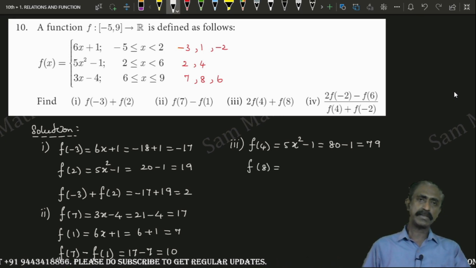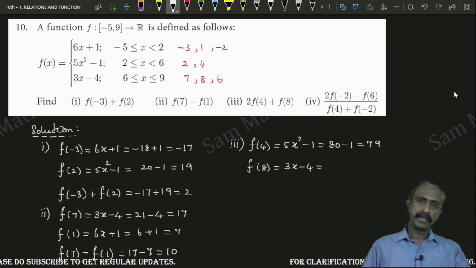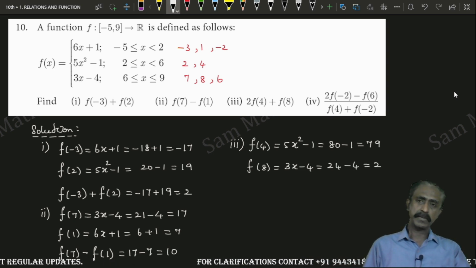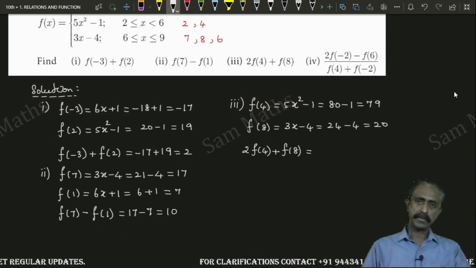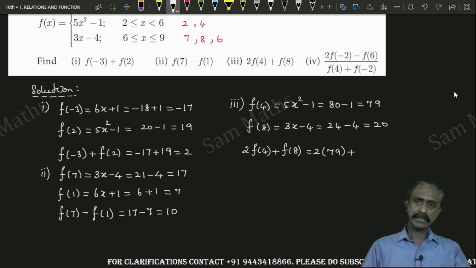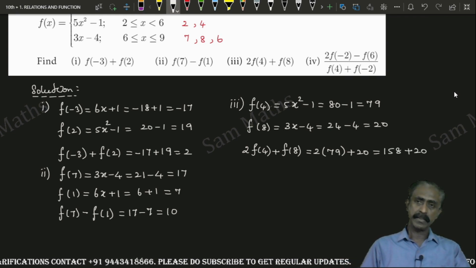It's in the last interval, that is 3x minus 4 is the function. 3 eights are 24 minus 4 equal to 20. Now we need 2 times of f of 4 plus f of 8. This is equal to 2 times of 79 plus 20, which is equal to 158 plus 20 equal to 178.